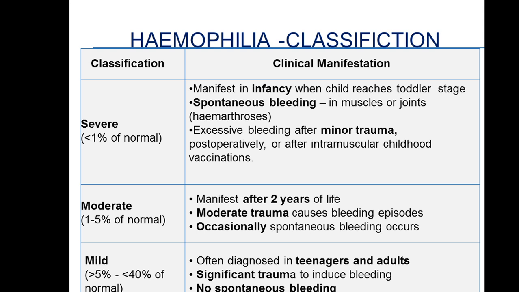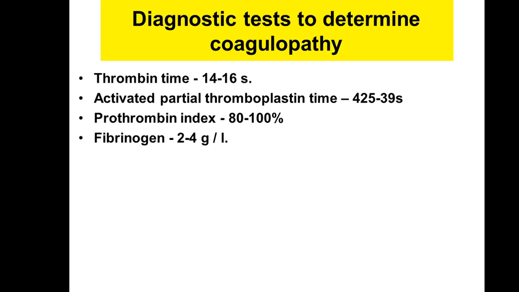Moderate, 1 to 5 percent of normal, manifests after 2 years of life. Moderate trauma causes bleeding episodes, and occasional spontaneous bleeding occurs. And also mild, often diagnosed in teenagers and adults. Significant trauma is needed to induce bleeding, only significant trauma, not mild traumas, and no spontaneous bleeding.